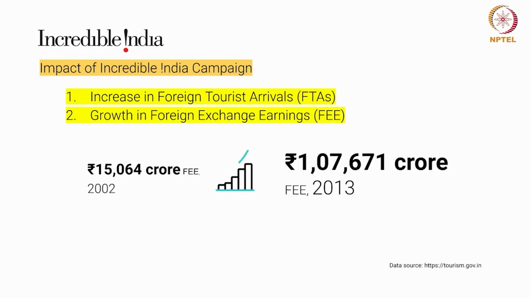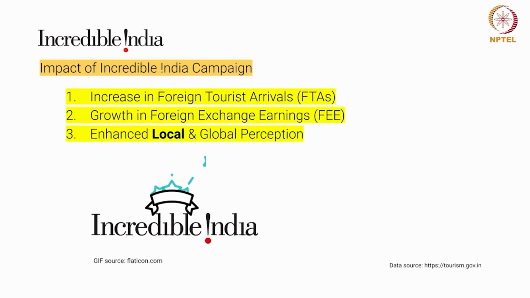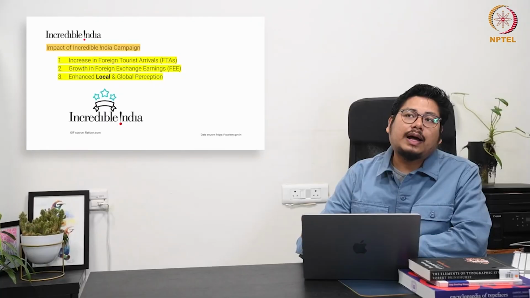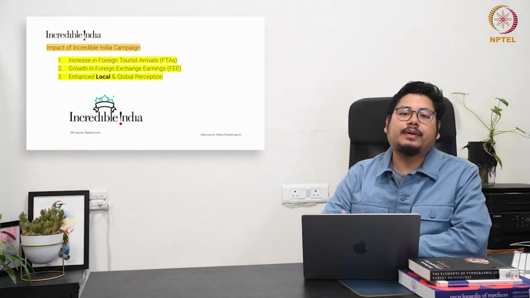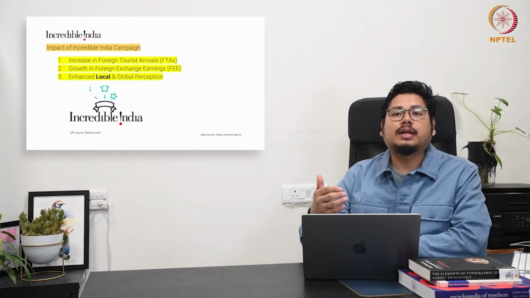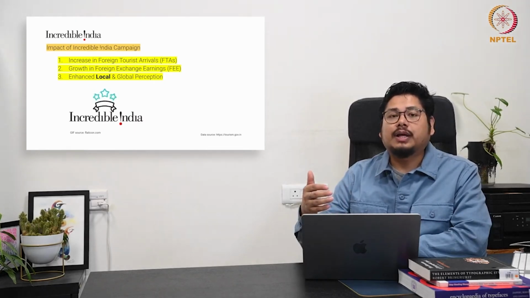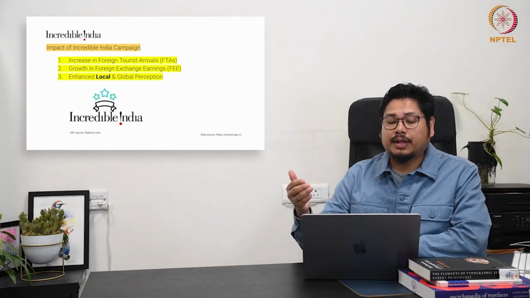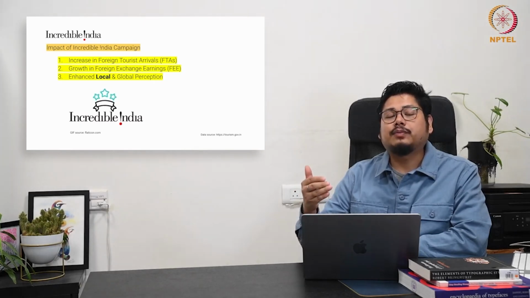And that purely happened because of the proper strategy which Incredible India adopted, and that has impacted the overall revenue generation. Again, it enhanced the local and global perception, and I have purposely highlighted the local here. Why? Because it was much needed, because people were not aware how the tourism industry can benefit them, how to approach tourists, and how to create a brand image. The brand image is very, very important, and that's purely associated with the community.